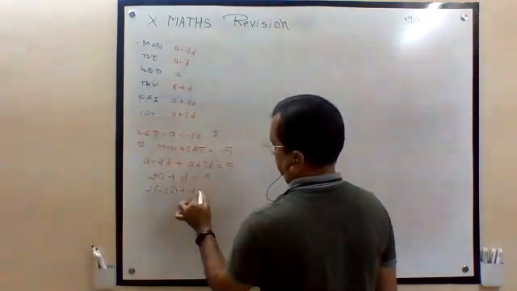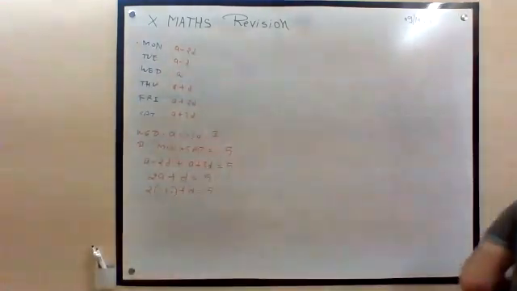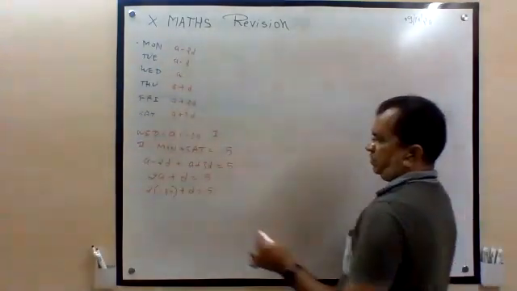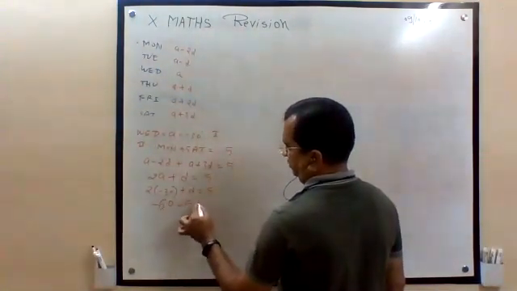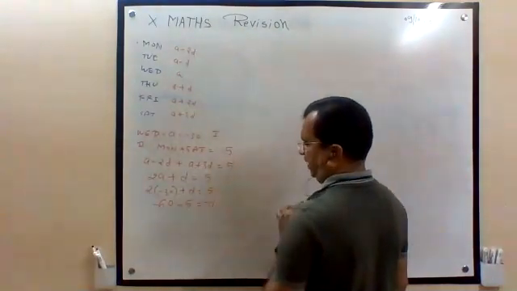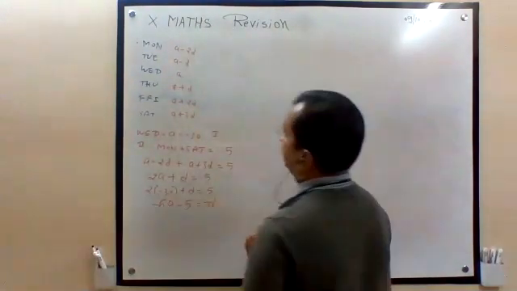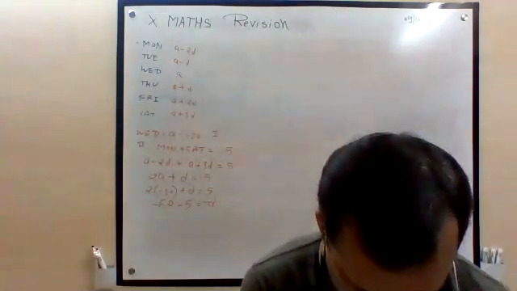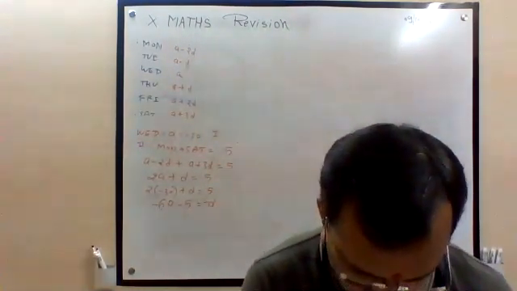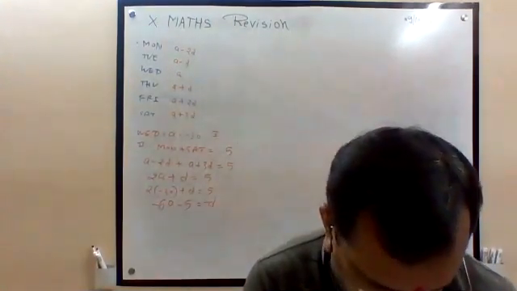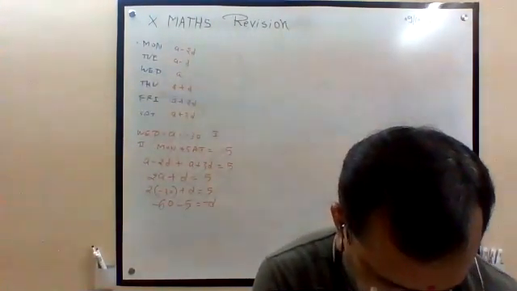Minus 30. So minus 60. This goes minus 5 is equal to minus D. Temperature of Monday, Saturday.